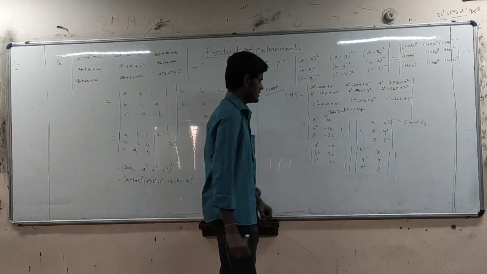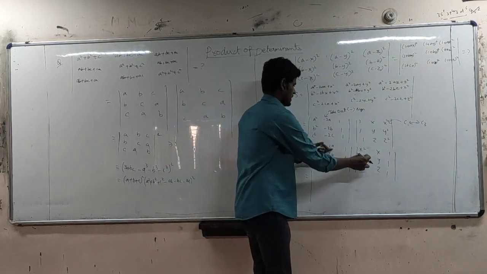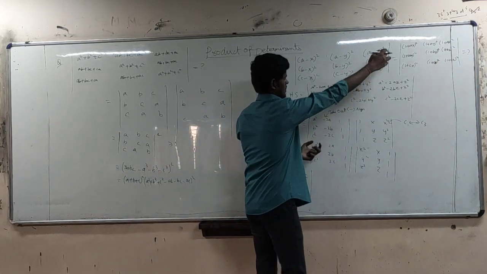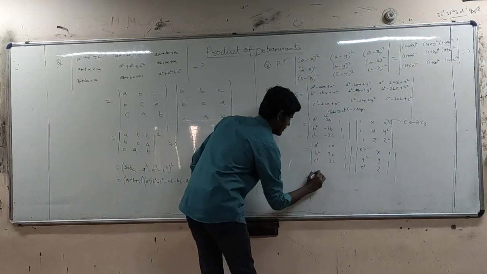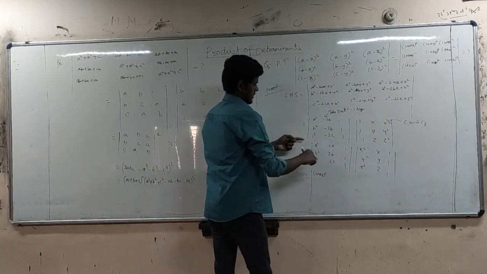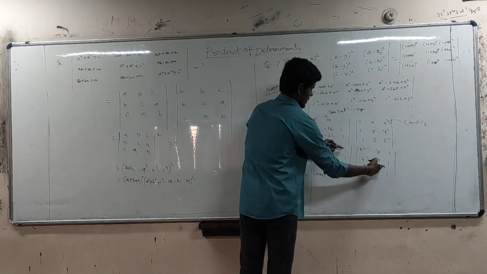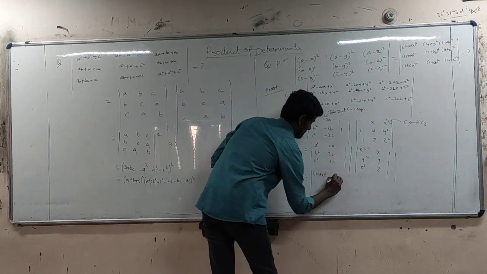Now if you multiply this, we get a square into x square plus 2a into x plus 1, that is (1 plus ax) whole square. Again, a square into y square plus 2ay plus 1, that is (1 plus ay) whole square.